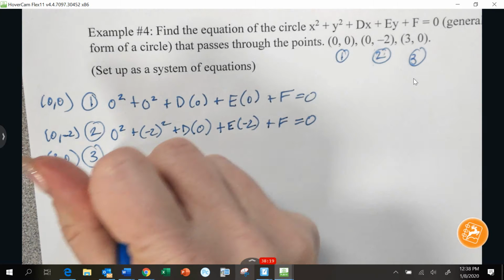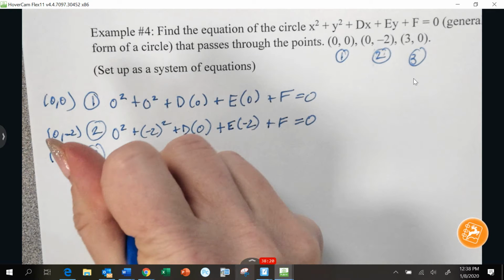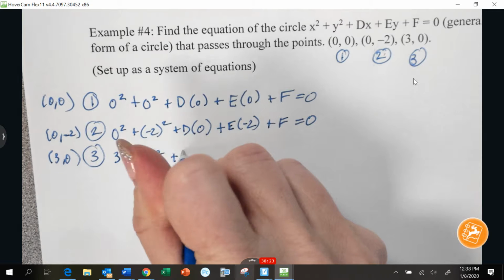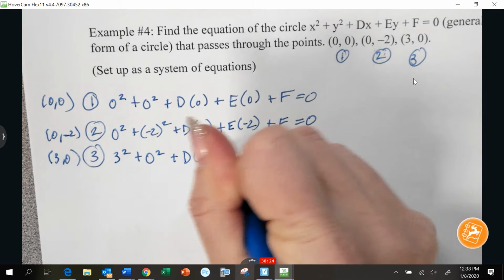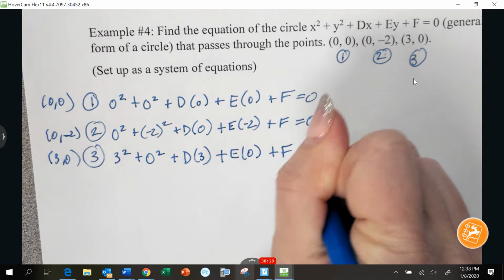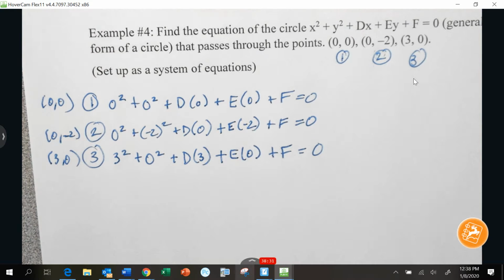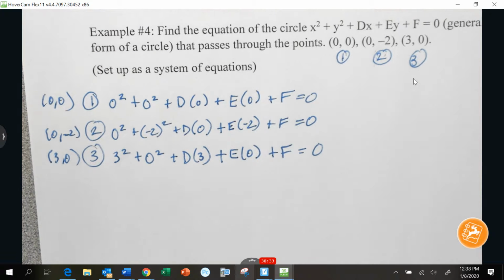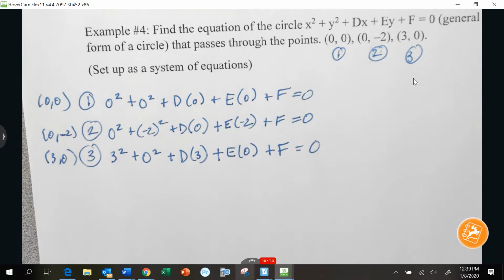And then 3, 0. That looks really messy. Simplify it.